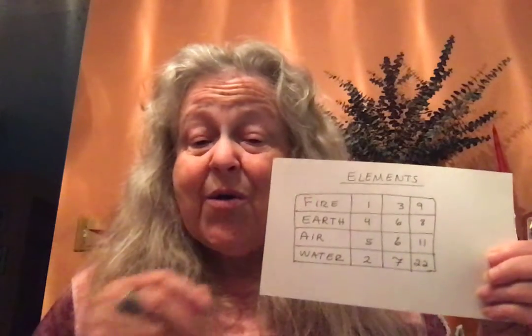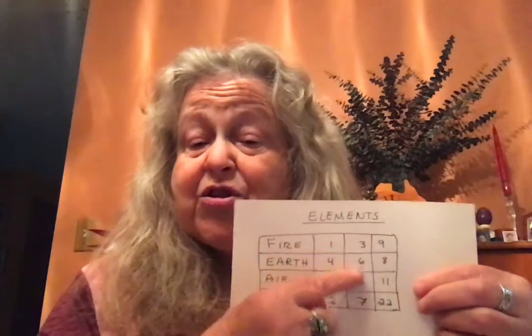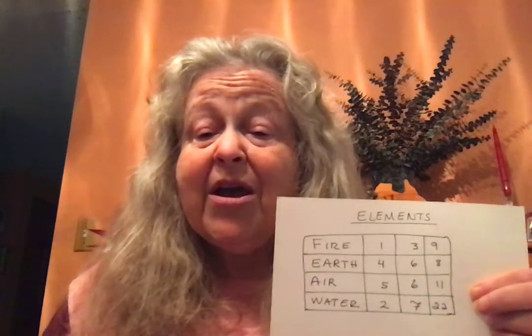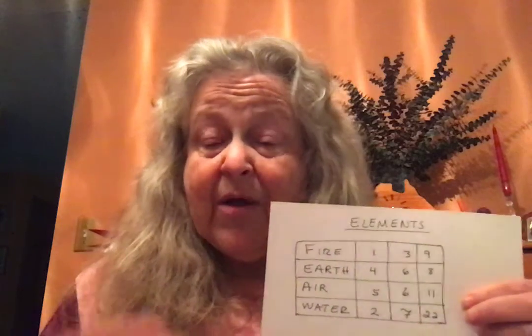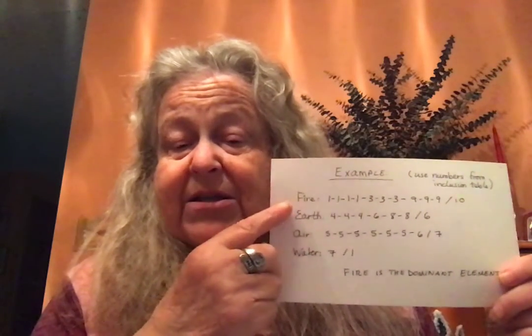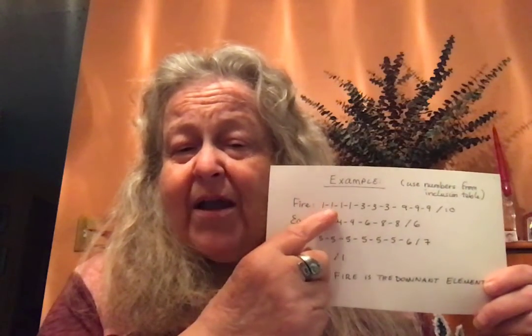Okay? So you're going to line up, and you've got 2 areas where 6s are shown, because 6s have both value with earth and air. It resonates to both. It's like a hybrid number. Now, an example that you would do is you're going to work this out, and you're going to write down fire, and you're going to write all the ones.